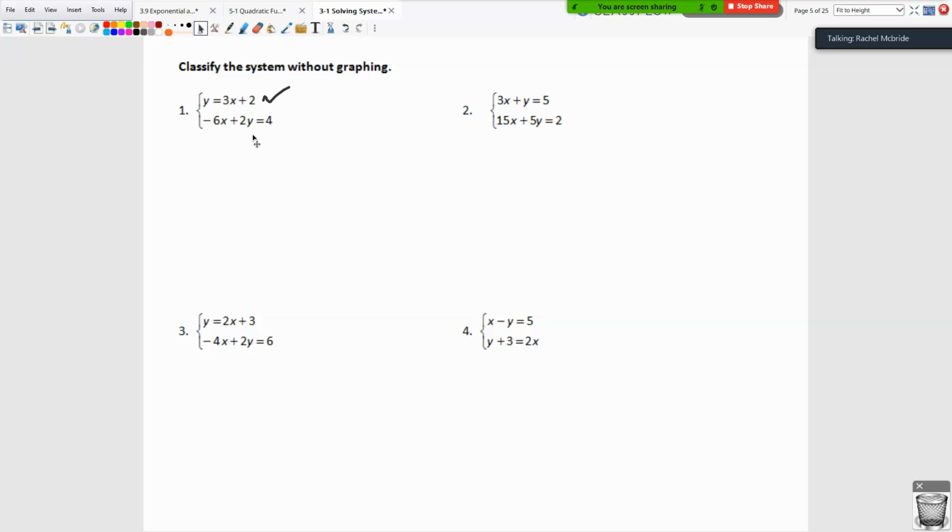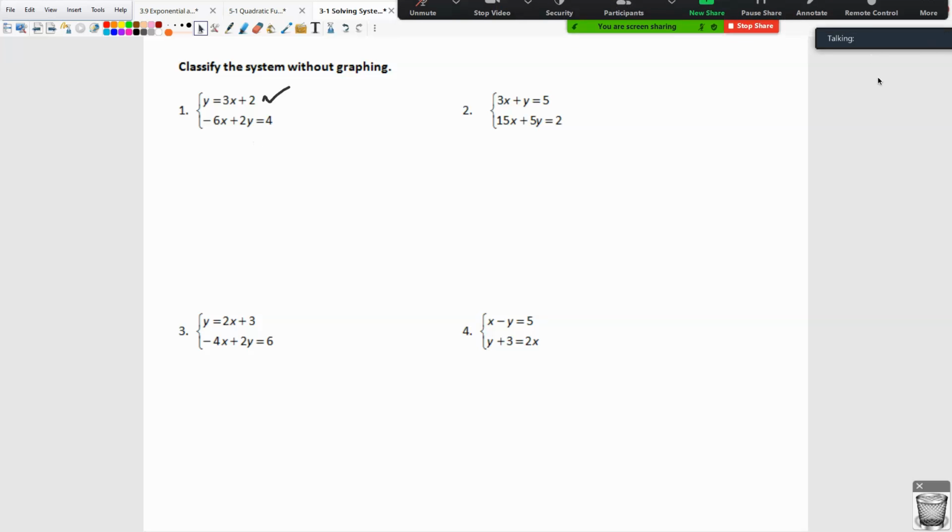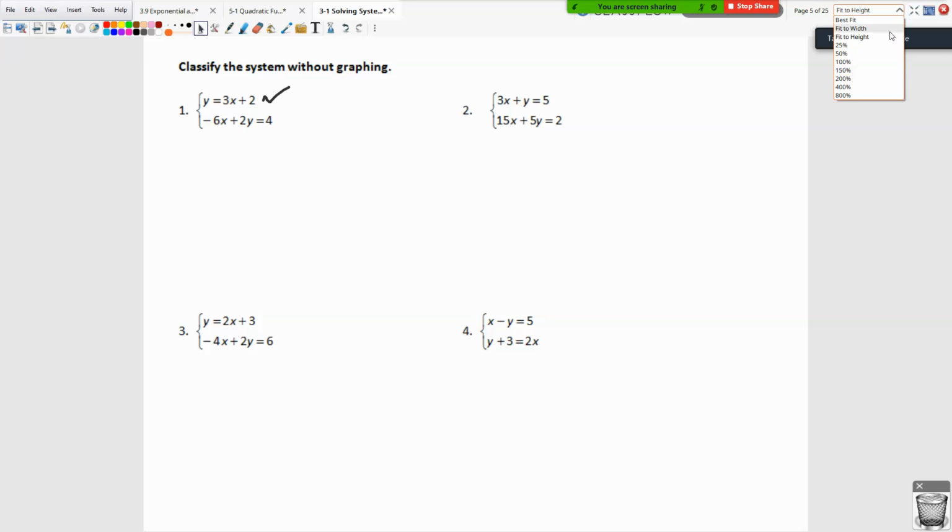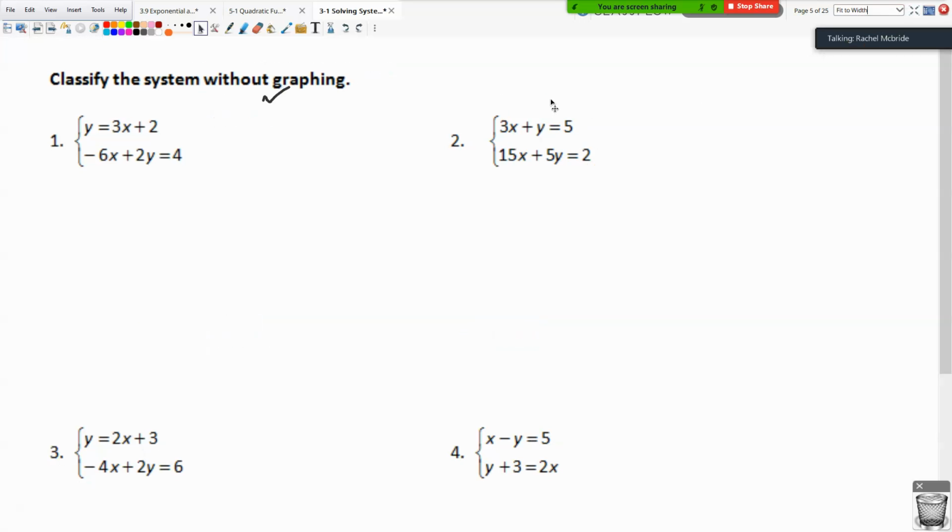In this case, equation 1 is done. That's in y equals mx plus b form. So we're going to have to do that for equation 2 though. So what we're going to do is solve for y in equation 2.